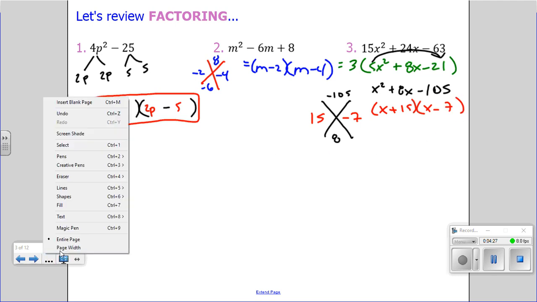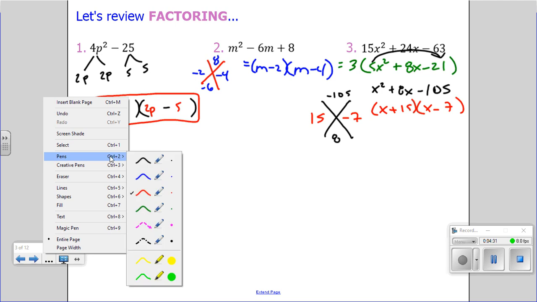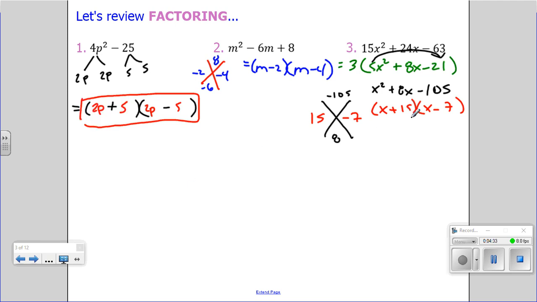But remember, we slid 5 over in the beginning. So now we divide our factors by 5. So that would give me x plus 3 on the first and a 5x minus 7 on the second.